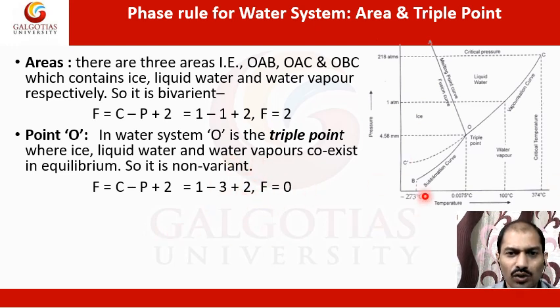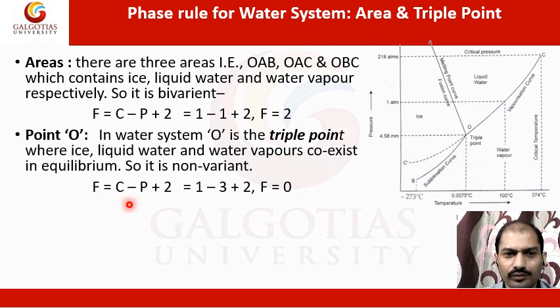And how is it non-variant? Because there are a total of three phases, solid, liquid and vapor. At the triple point, these three phases coexist. So liquid water, vapor and solid ice are in equilibrium and coexisting. That is called the triple point.